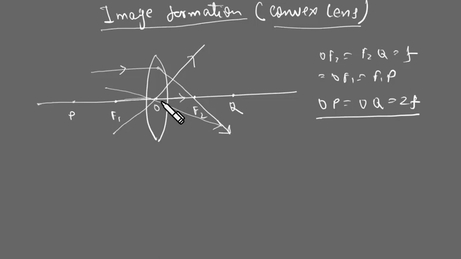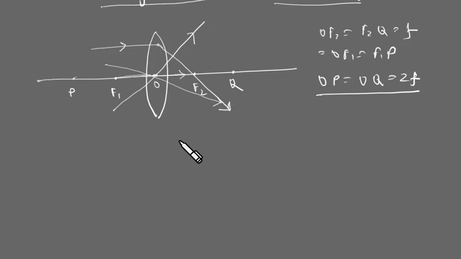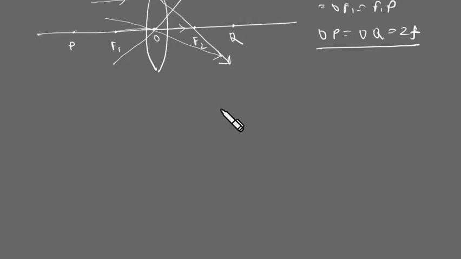So these are the two things, and anything that goes along the principal axis of the lens will also go in a straight line without bending, because it goes through the optical center, of course. So these are the things that we should know before we start drawing the image formation by the convex lens.